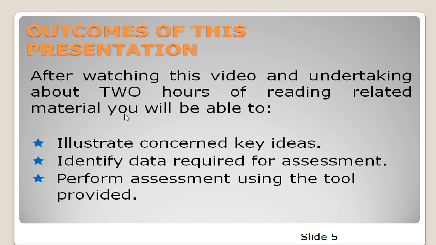Okay, the outcomes of this presentation include the three items shown here. You'll be able to illustrate the key ideas, identify what data is required for assessment, and perform assessment using the tool provided.